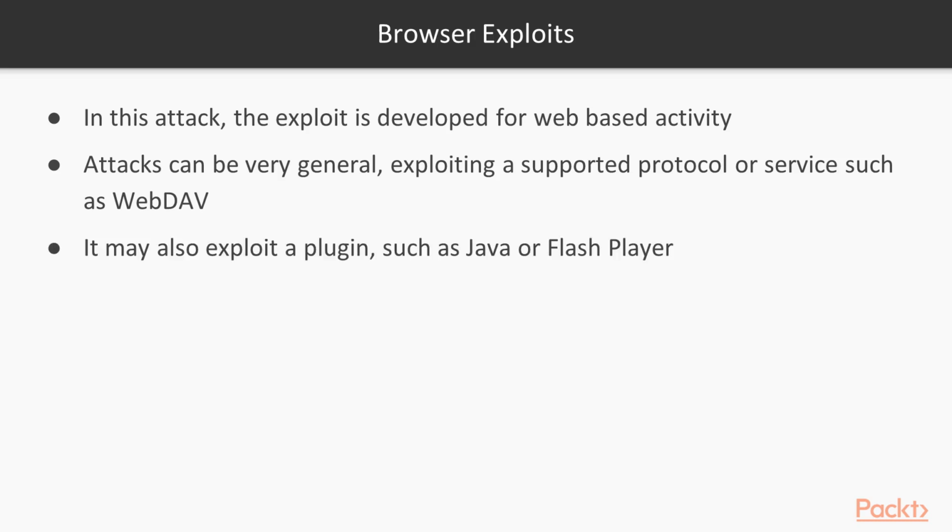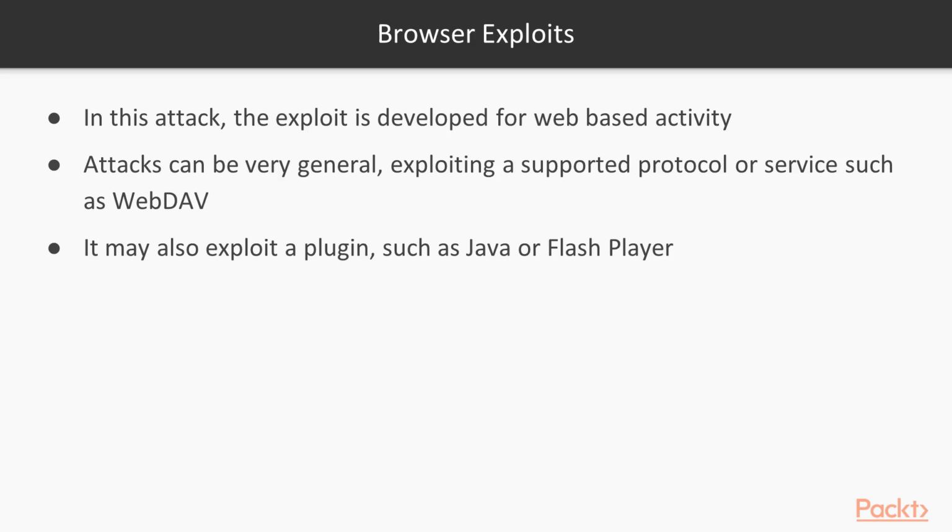But they can also attack the specific application itself, such as Internet Explorer versus Firefox or even Chrome. Each one of those is developed differently, and different vulnerabilities have shown up in each one of those. And those are one thing that we could take advantage of.